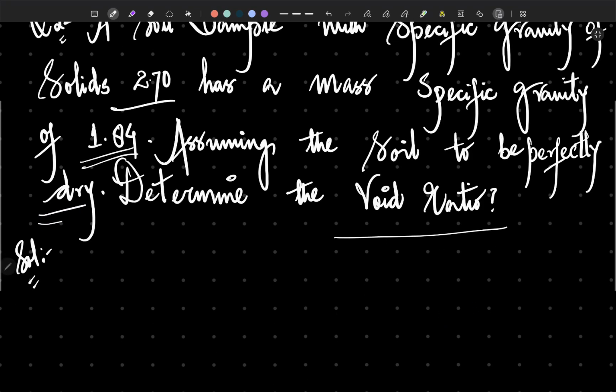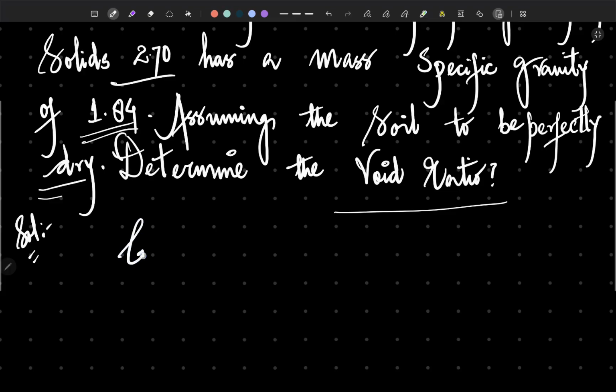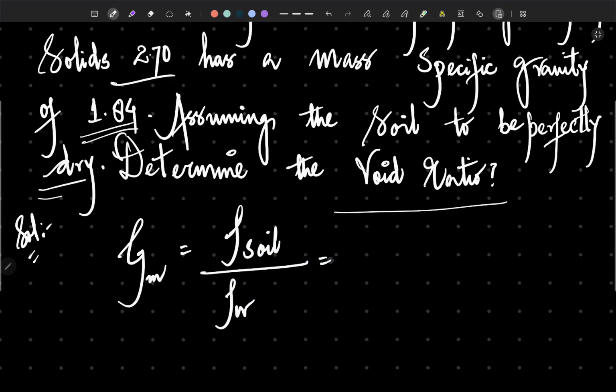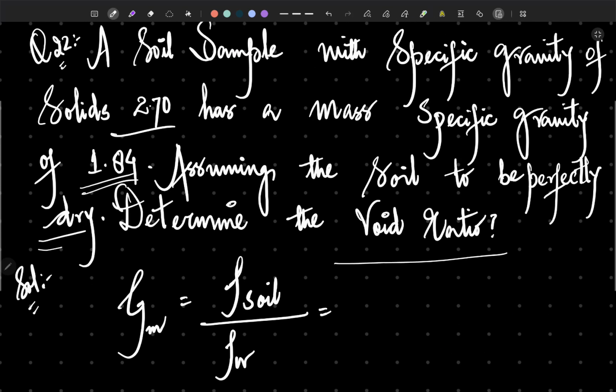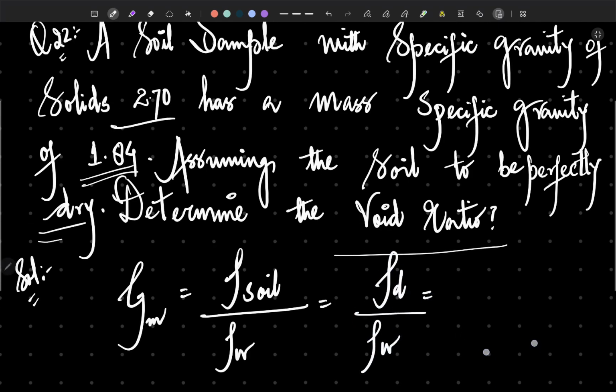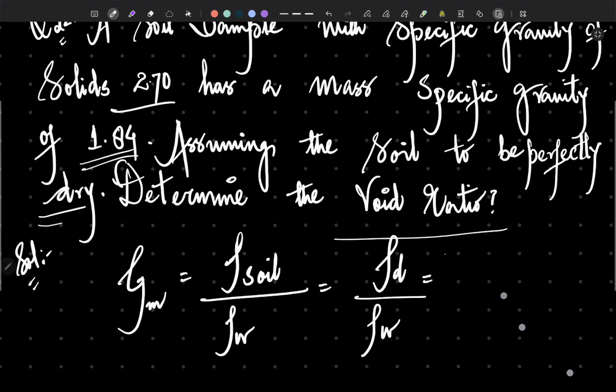Mass specific gravity, we denote it by G subscript M. This is bulk density, or the density of soil, divided by density of water. But in this question, it says to assume the soil to be perfectly dry. So I replace this by dry density divided by density of water, which is 1.84.